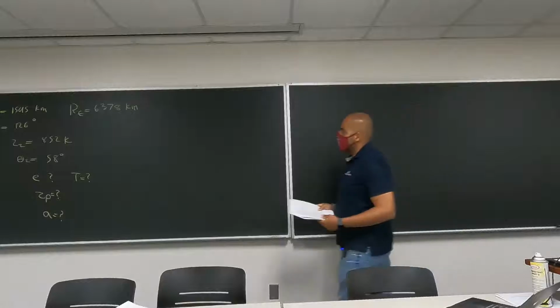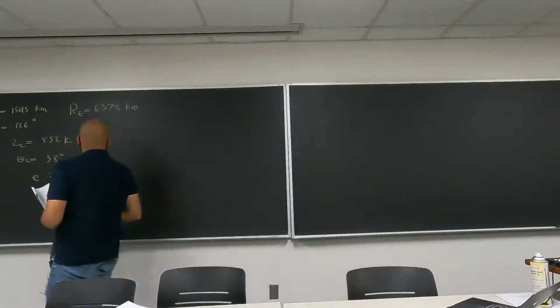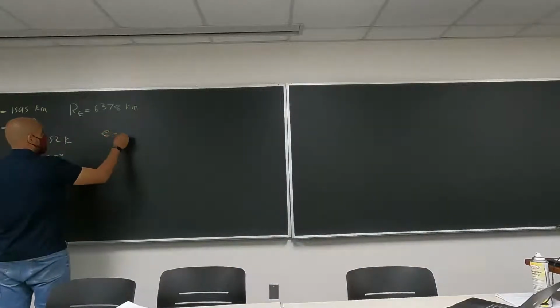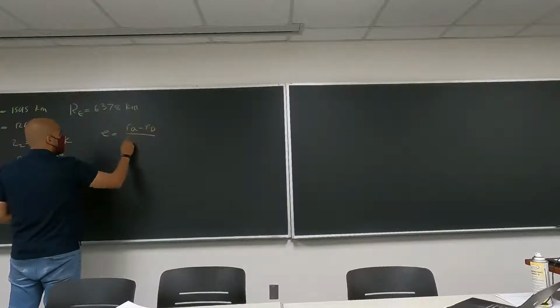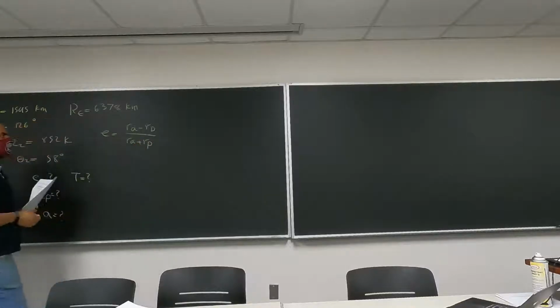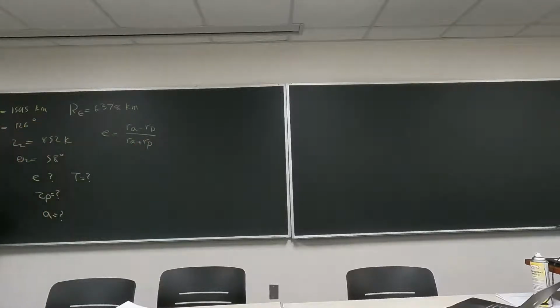So what Lawson is telling us to use is the equation RA minus RP over RA plus RP. Since we don't have the radius of apogee or perigee, we just use the altitudes given. You have to convert the Z into RA and RP.